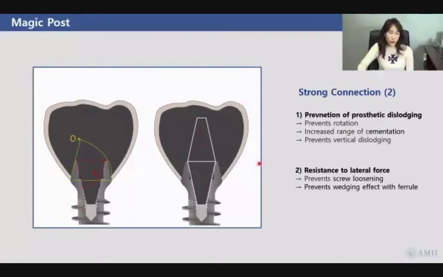And also, like I have said, the ferrule effect is going to prevent the wedging effect. So we almost never see fixture fracture, or the screw fracture for that matter.